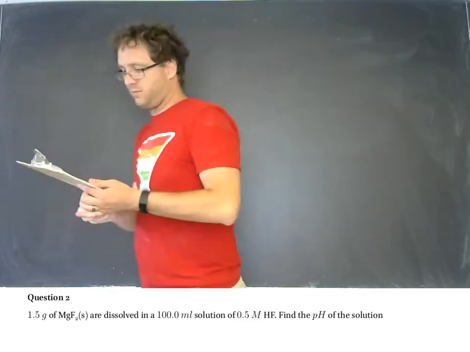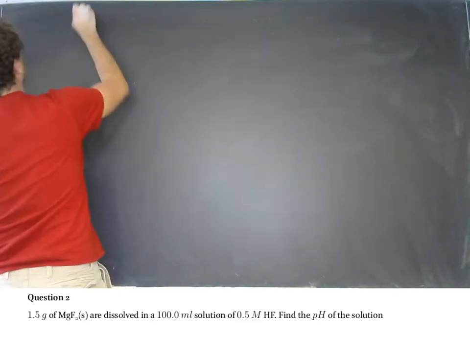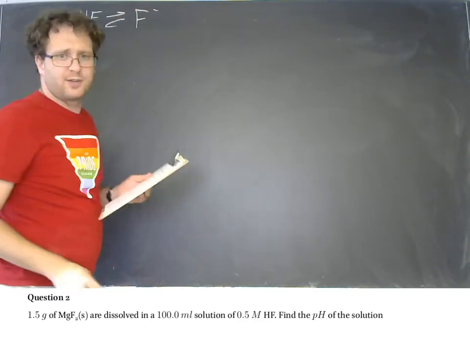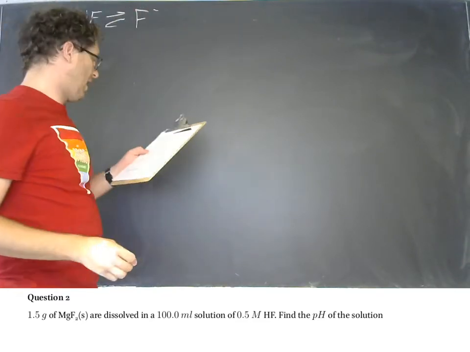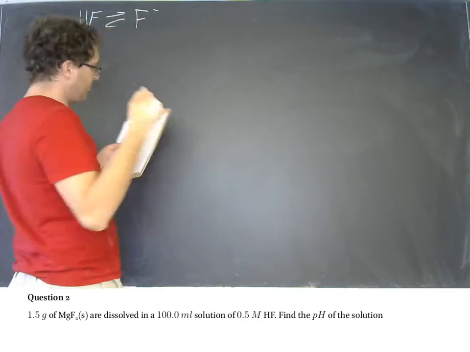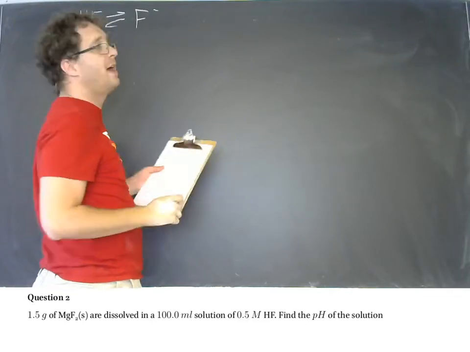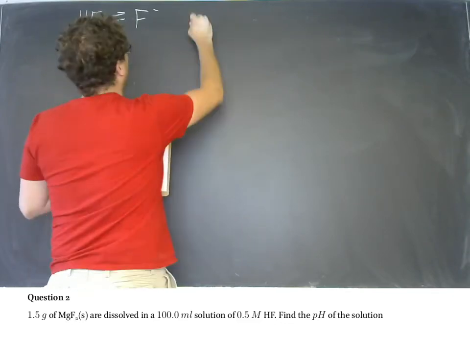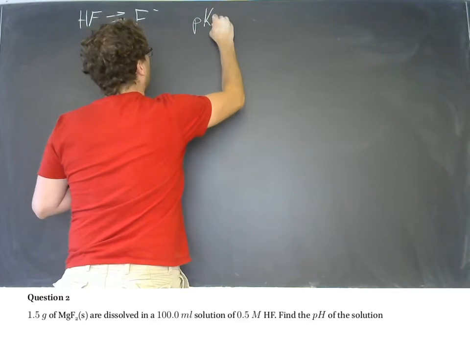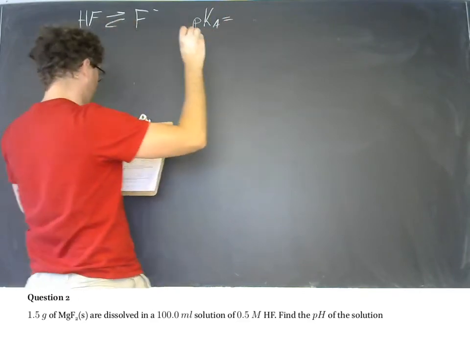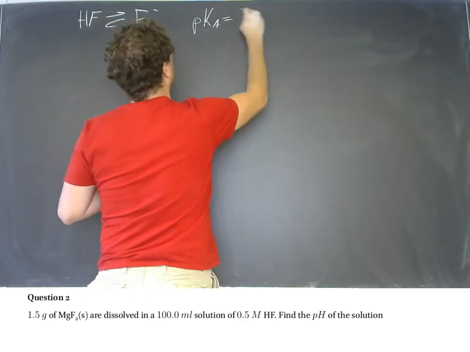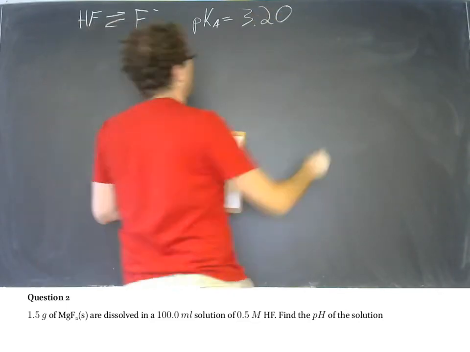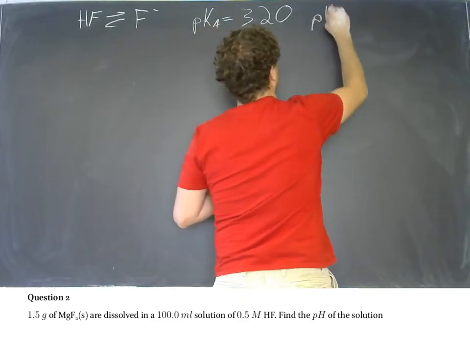And so the system we have here is the HF, F minus, right? Those are your acid and base pairs. And we can look up the Ka of HF in that appendix A3. And the pKa is going to equal 3.20. And we'll use the Henderson-Hasselbalch equation here.